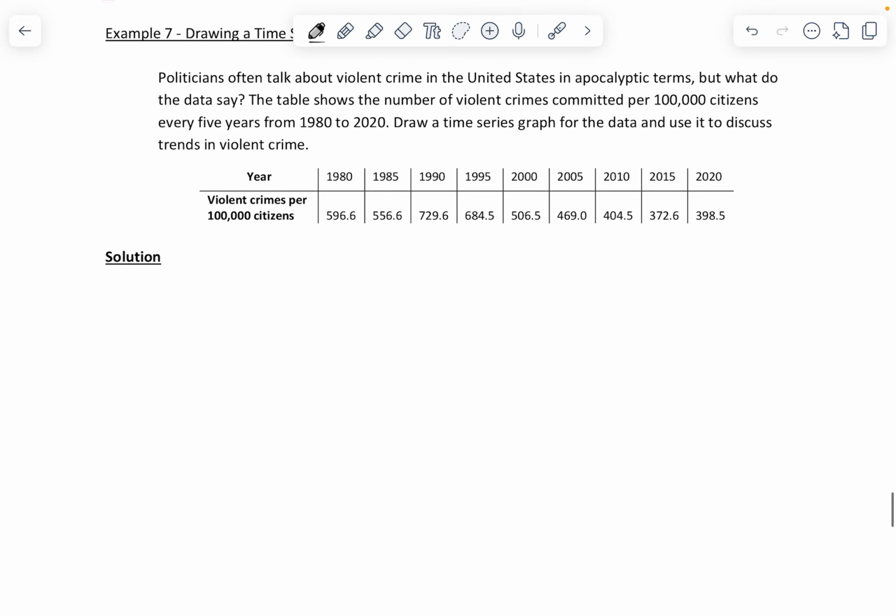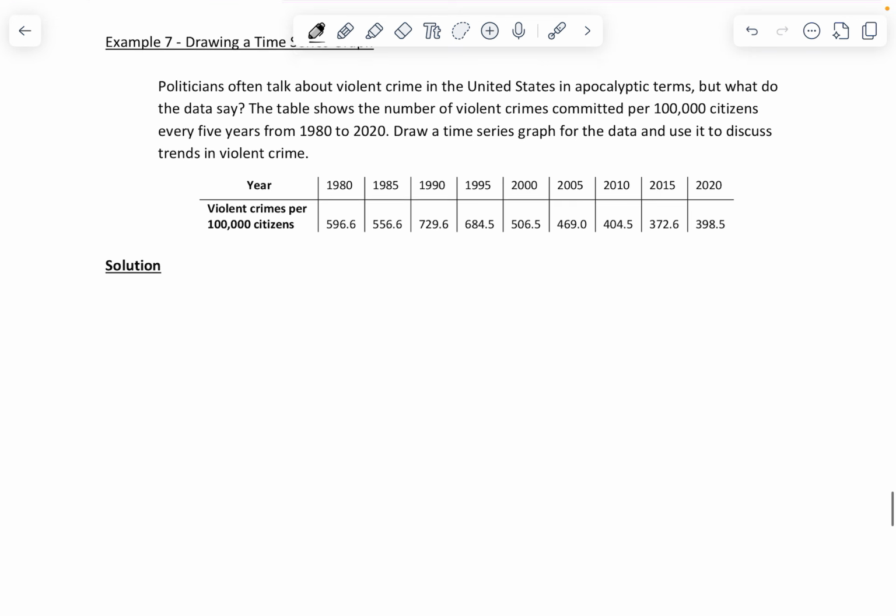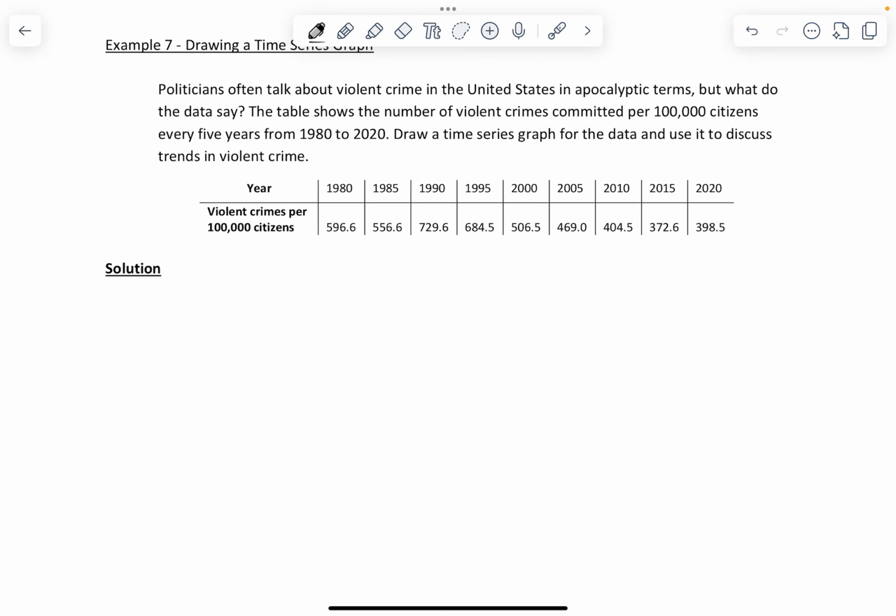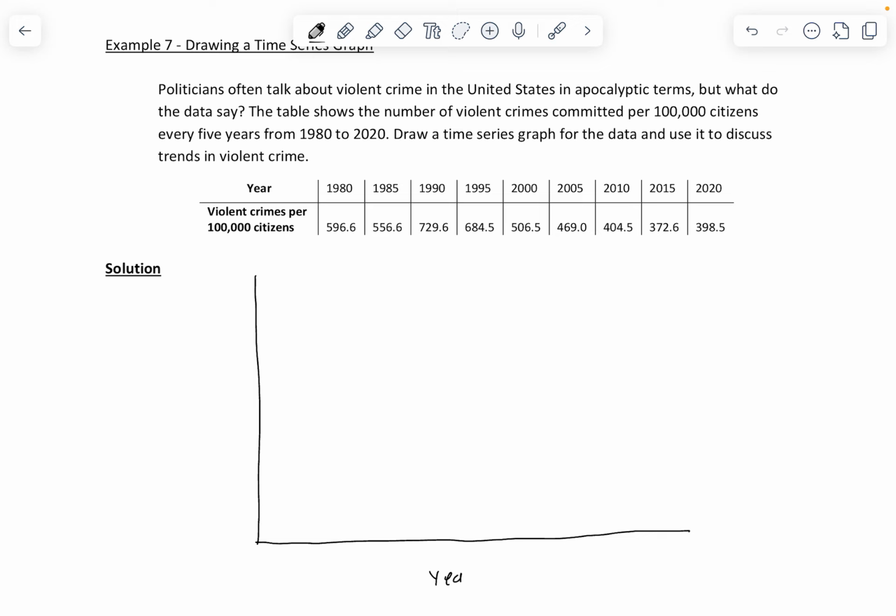Okay. So a time series graph, what you'll do is you'll just do, again, the two axes. In this case, we want to put the year along this axis. And this one will be violent crimes. Oops, so I can spell that correctly.